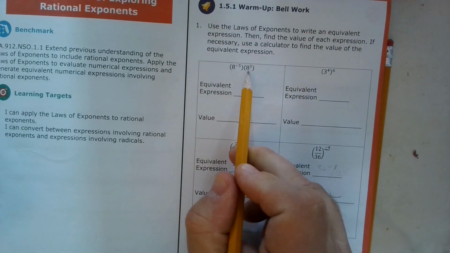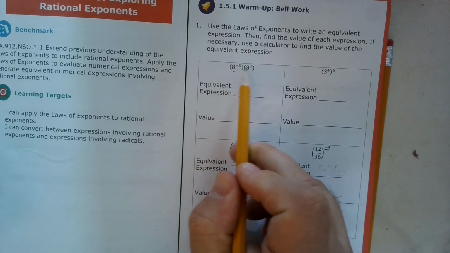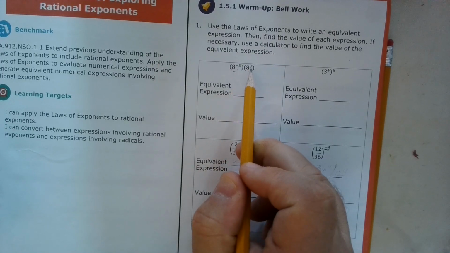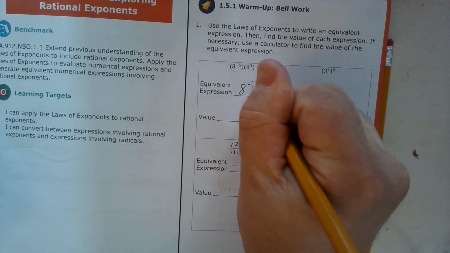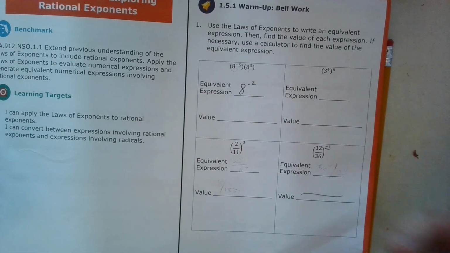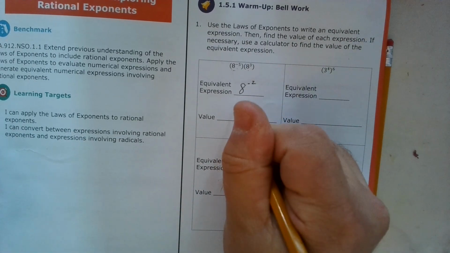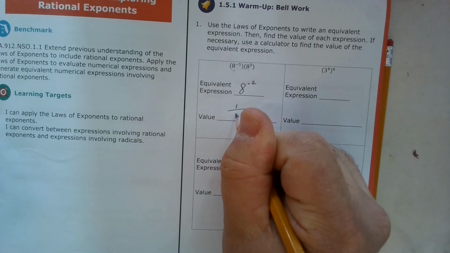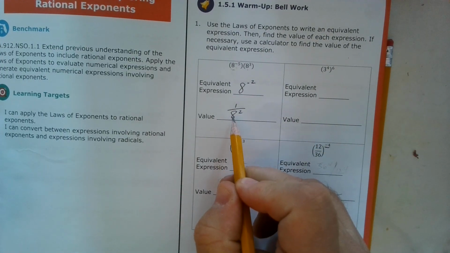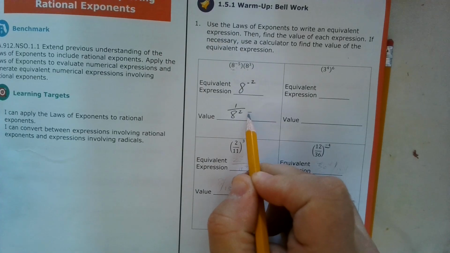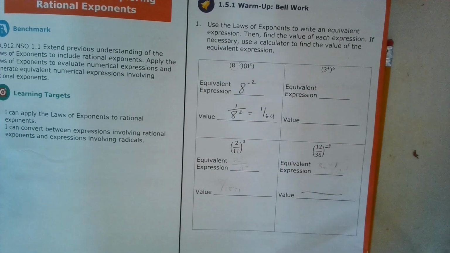All right, so when the base is the same, we're going to add the exponents. So -5 and a +3 is going to make this x to the -2. And when you have a negative exponent, you take the reciprocal, so we flip it. So it's going to be 1/8 squared, which is 1/64.